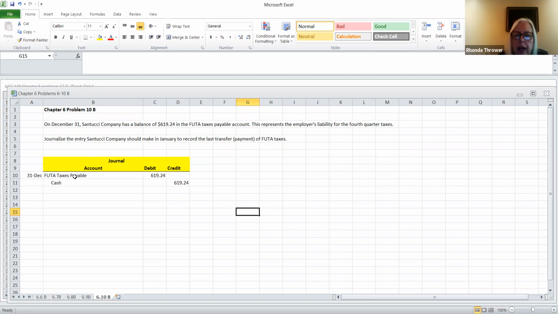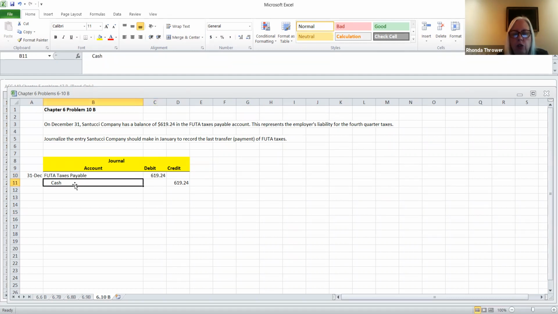To pay off a liability, you have to decrease the liability account, and you decrease the liability on the debit side. So we're going to debit this account for the amount that we paid in federal unemployment taxes. We've handed this over to the government.